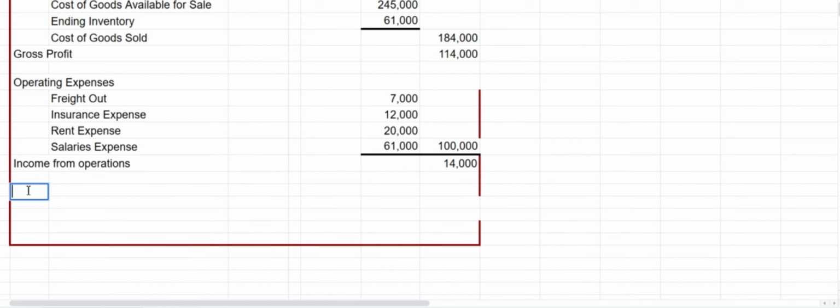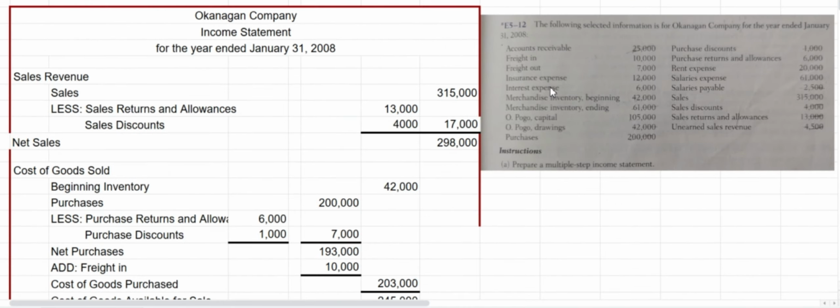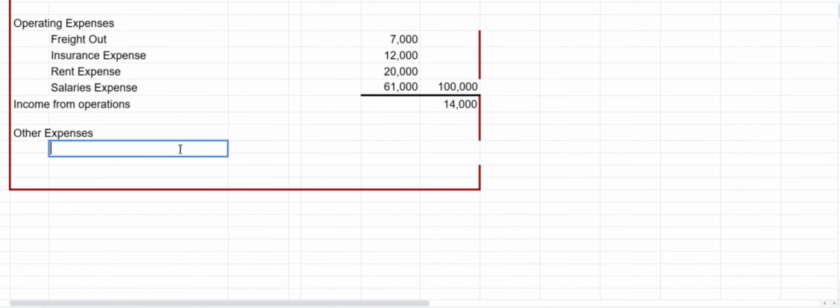Now we have to go on to other expenses and other revenue. But if you look here, interest expense is the only other expense, and there's no other revenue in here. So we can just skip that and write interest expense.